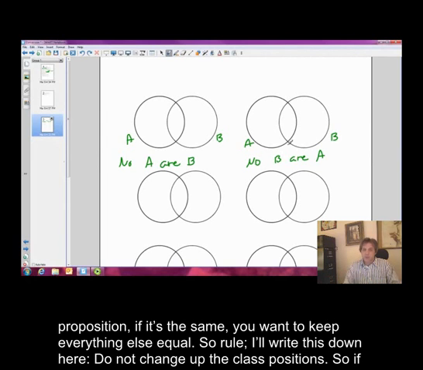We're only trying to decide if, when you convert the proposition, it's the same, so you want to keep everything else equal, okay? So the rule, I'll write this down here: do not change up the class positions.